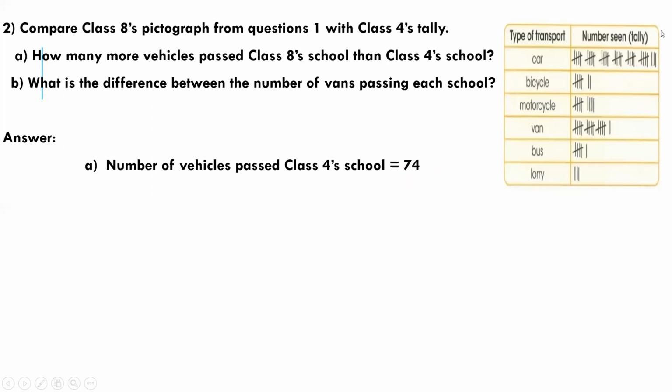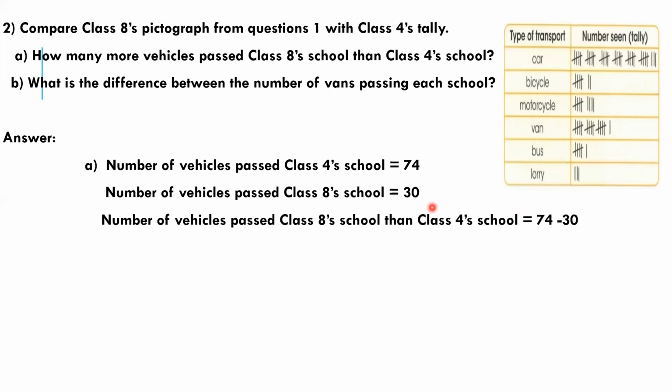The 74 means summing up all these numbers gives you 74. So next is the number of vehicles that passed class 8 school. That is 30. We have already found it in the previous question. So what's the next step? The number of vehicles that passed class 4 school more than class 8 school is 74 minus 30. That is 44 vehicles. Clear?